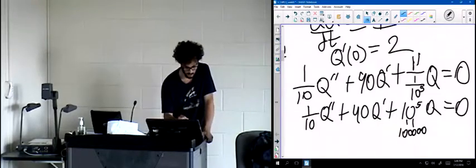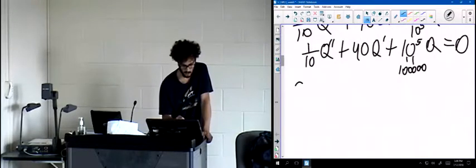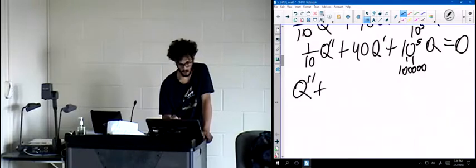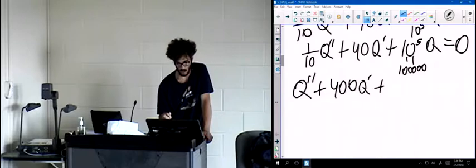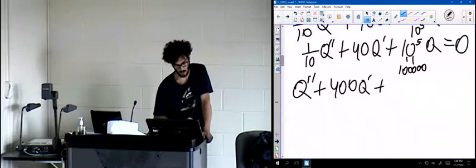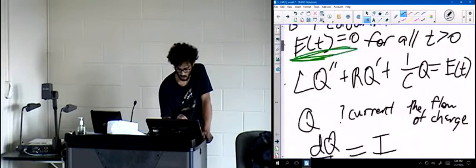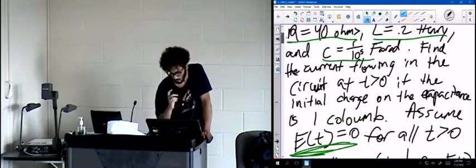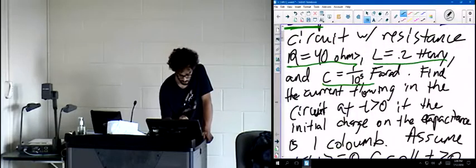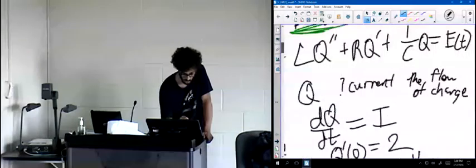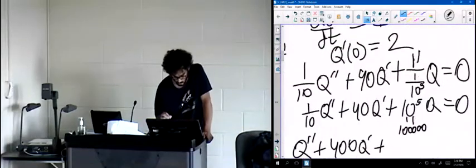And I want to multiply by 10 just to get rid of that fraction there. So it'll look something like this. Wait a minute. I've made a mistake. I knew I did. That 0.2 is not 1/10.